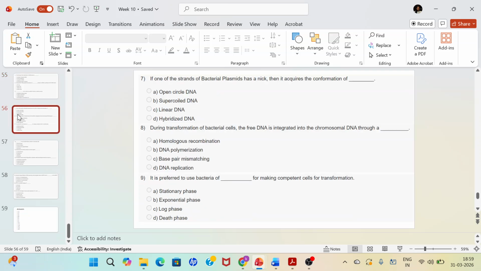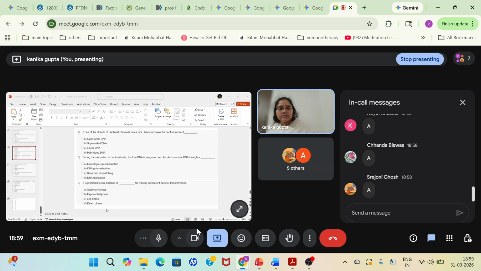If one of the strands of a bacterial plasmid has a nick, then it requires the conformation of what? If there is a nick, then, question number 7, everyone.